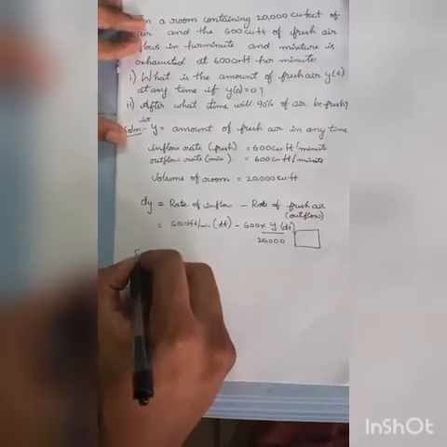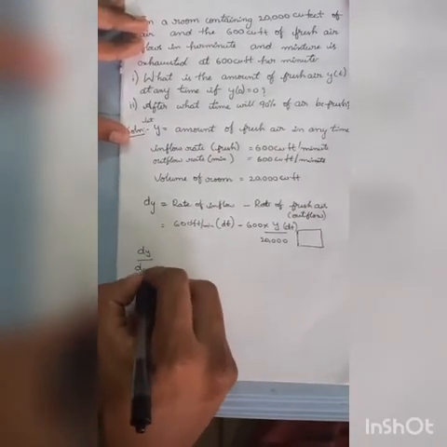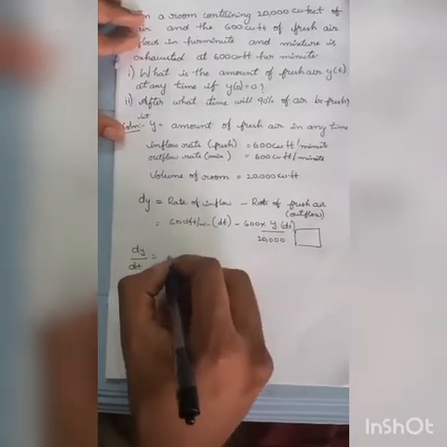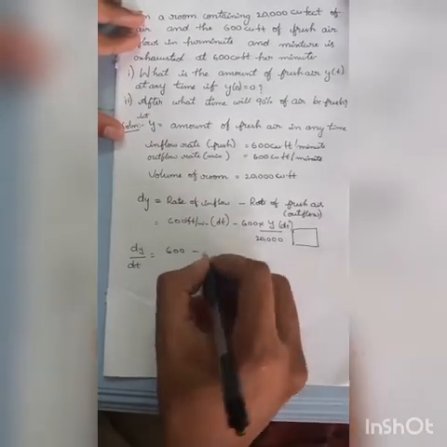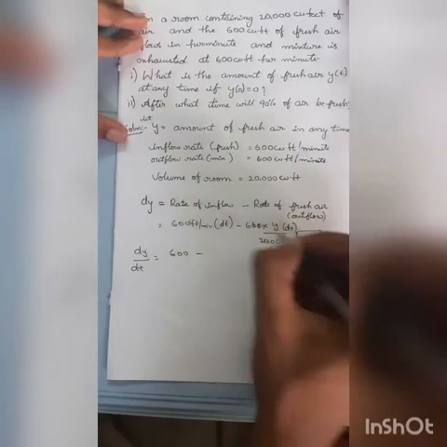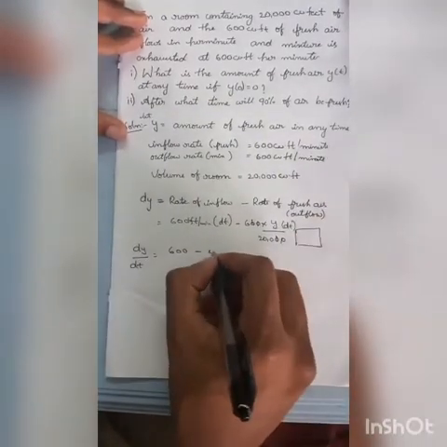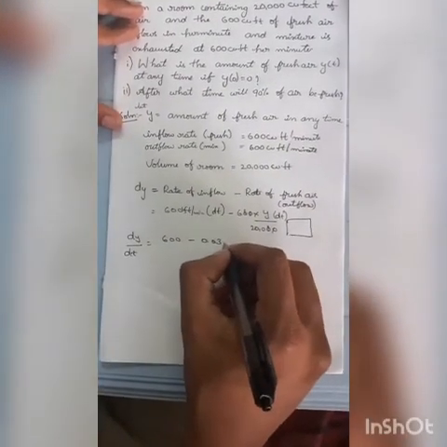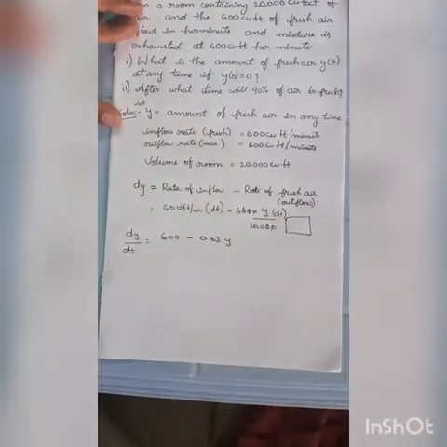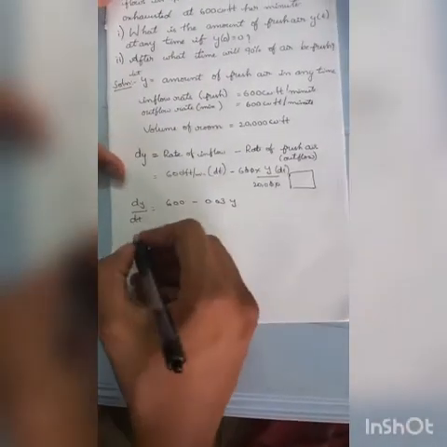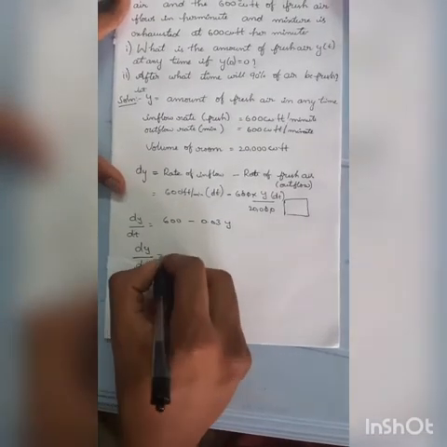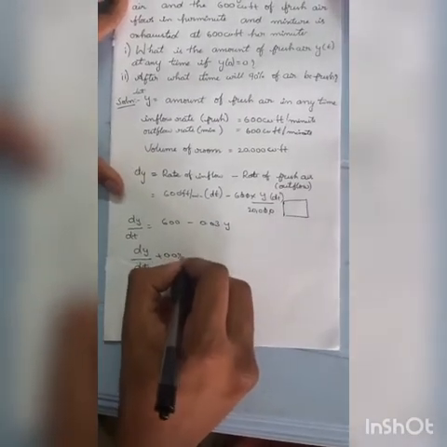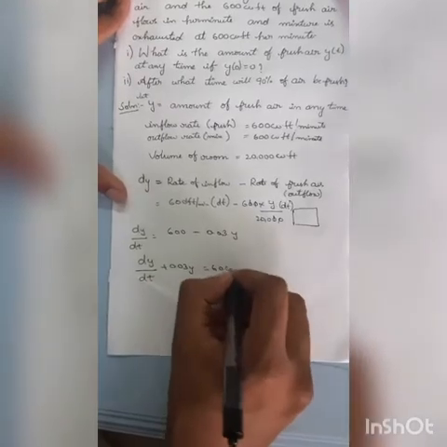So dy by dt equals 600 minus, if we cancel this out, we get 0.03 y. By rearranging terms we get dy by dt plus 0.03 y is equal to 600.